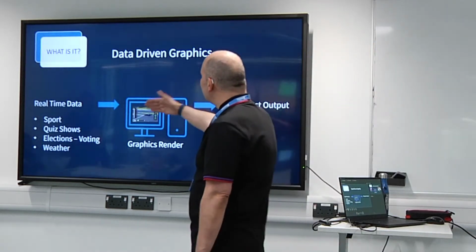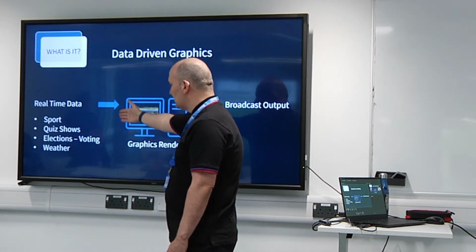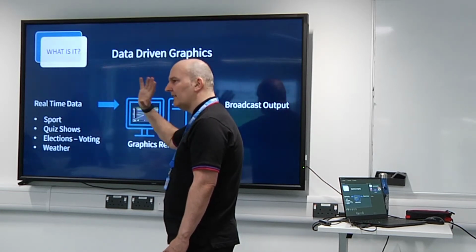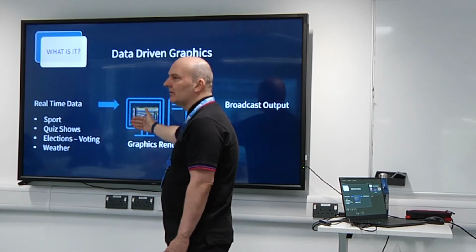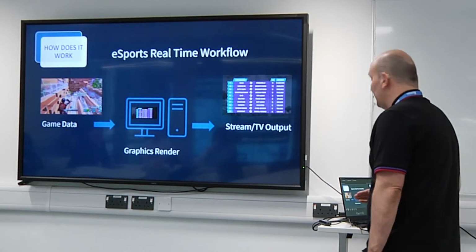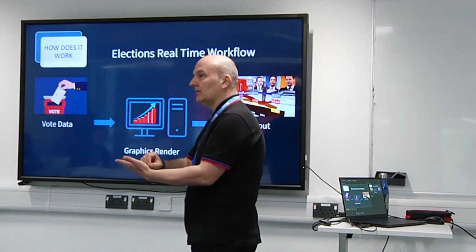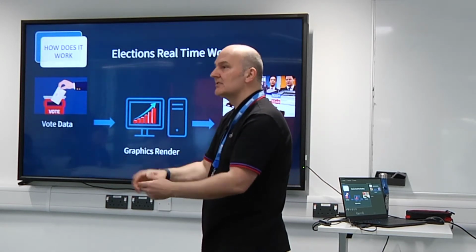So the basic workflow is that we've got real-time data coming in. It could be a sports show, an esports show, a quiz, elections, voting, anything where the data is live. It goes into a graphics renderer and then out to the output. In an elections workflow, we've got exactly that. People are making a cross on a piece of paper, putting it in a box, somebody's counting it.